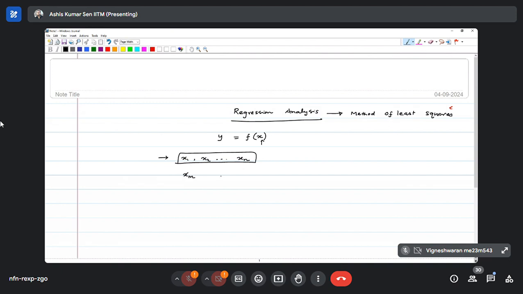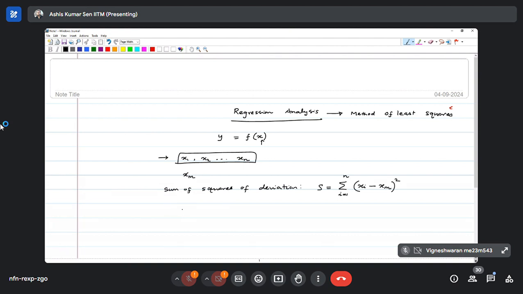And if you want to know the sum of squares of deviation, so we can find that it is the data point xi minus xm, squared, where your data point i would vary from 1 to n.